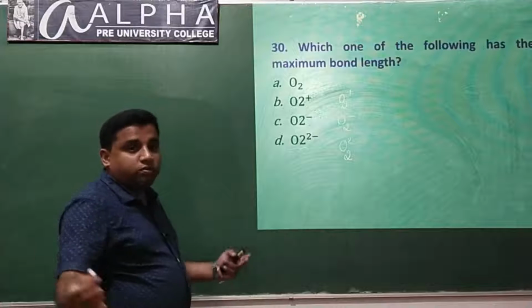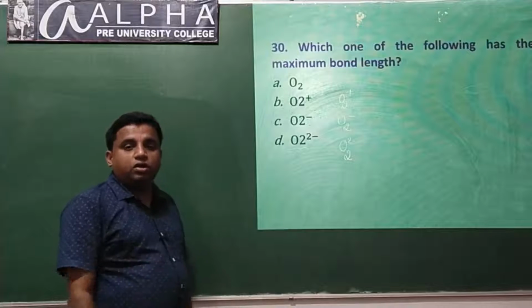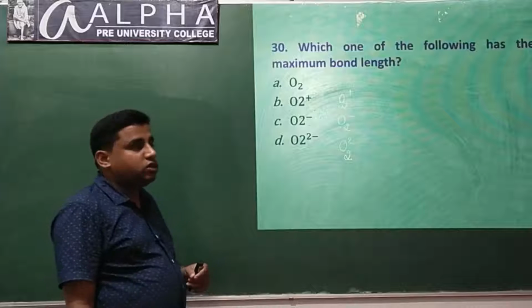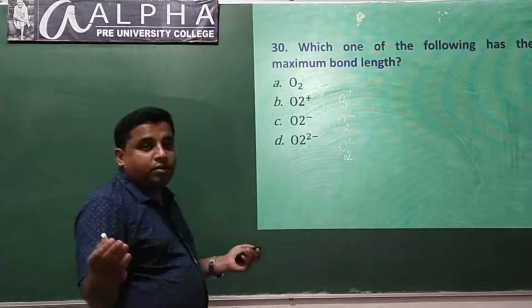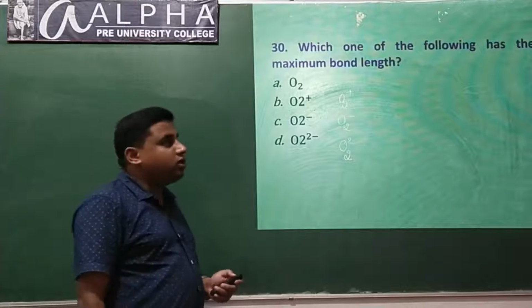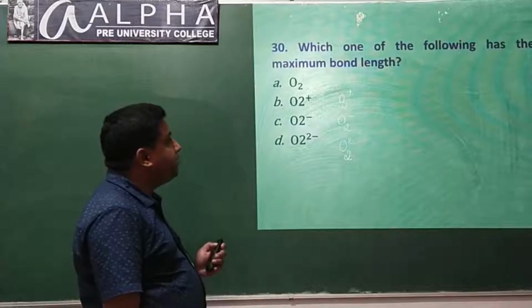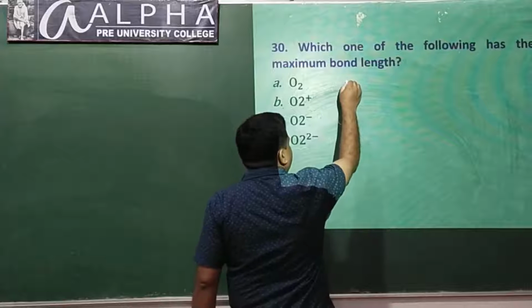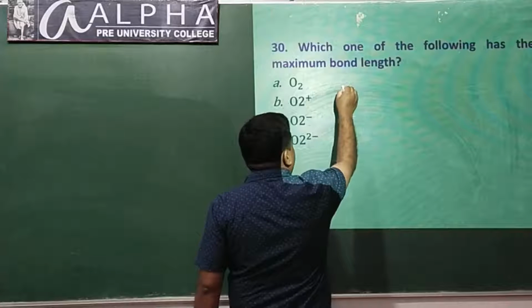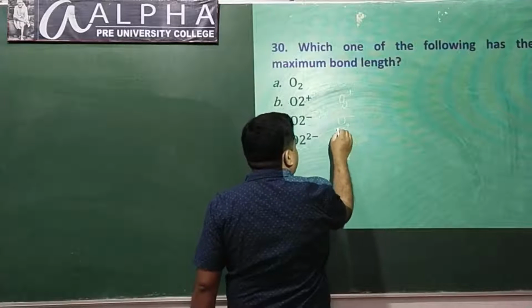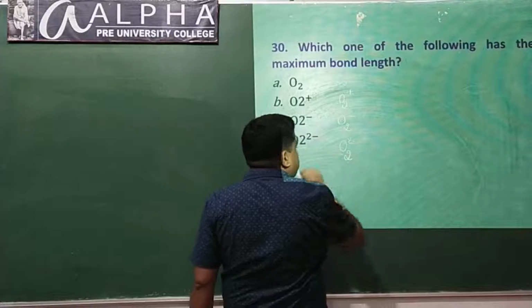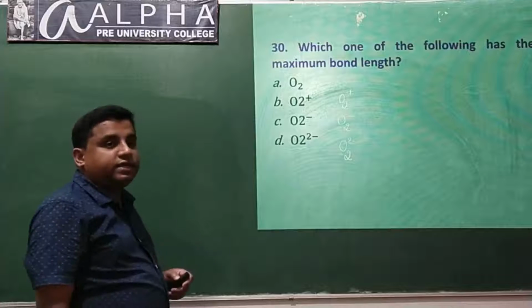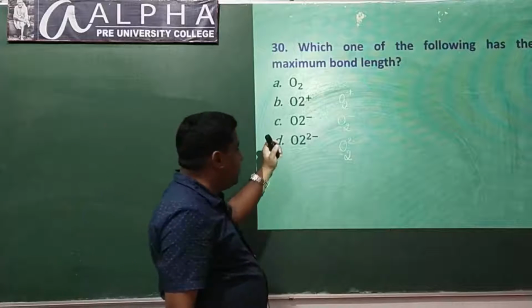Our chemistry is hard to print because it is full of chemical structures, and I am not good at typing. We have to find out which has the maximum bond length.